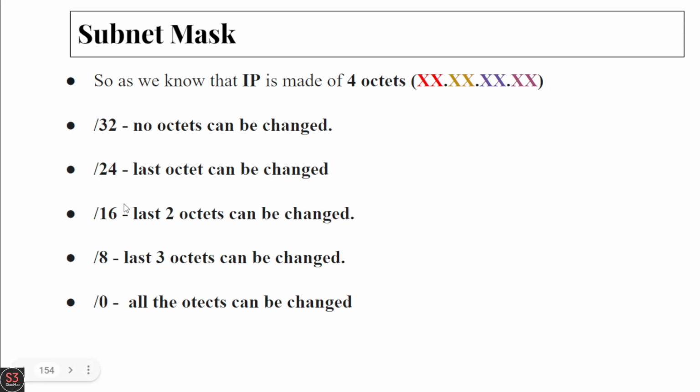If we have /16, then only the last two octets can be changed. If we have /8, then the last three octets can be changed. And if we have /0 as our subnet mask, then all the octets of our IPs can be changed. So these are octets and these are the subnet masks.